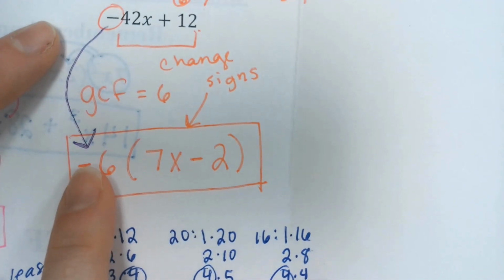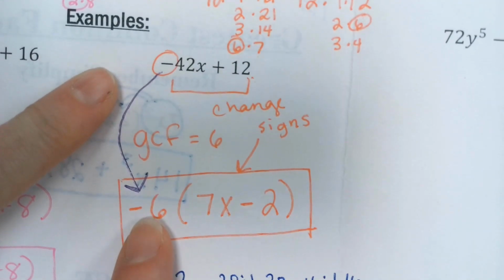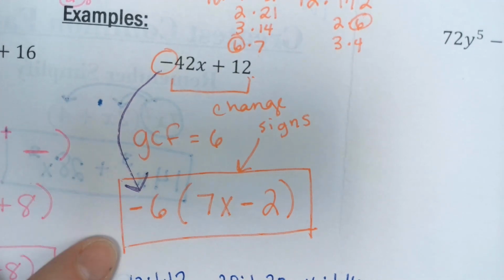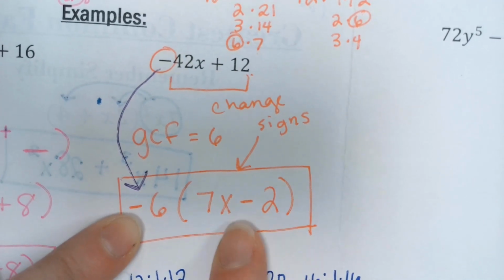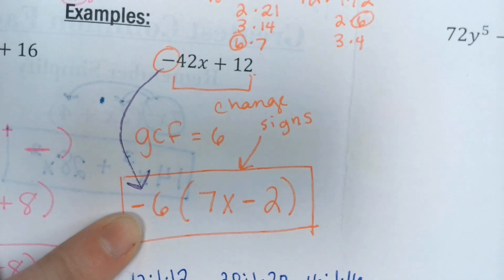So I'm just going to put a little arrow there just to show you. And the negative came out front. This was one of the first examples that we did yesterday. We factored it out, so we put it up front, and see how we change the signs here. If you don't have to factor out a negative, then you just keep your signs the same way as they were.